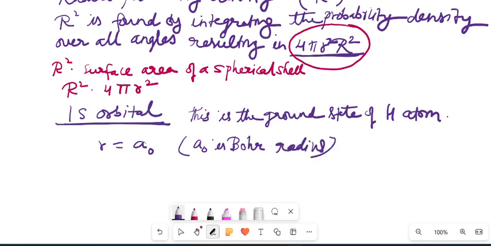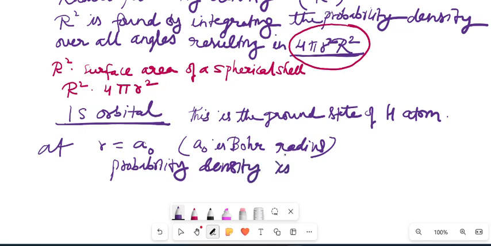So the probability density is maximum at r equal to a0.